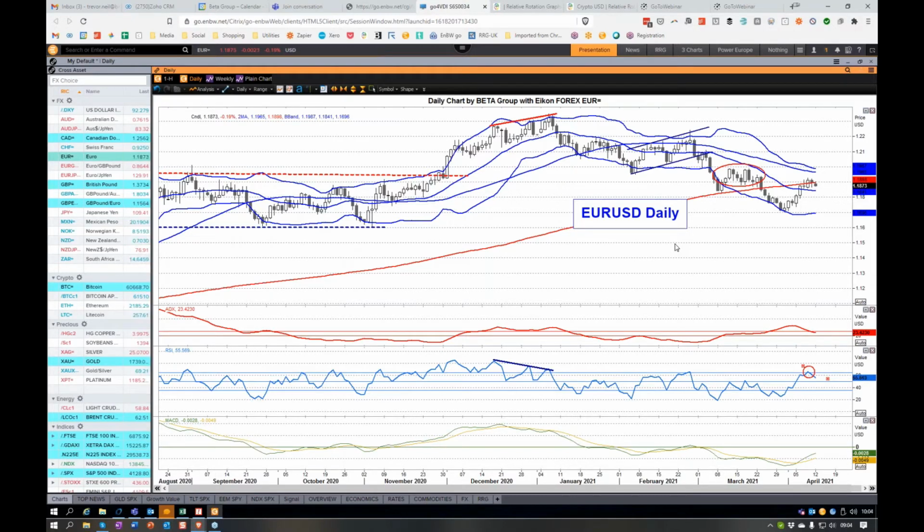The MACD is, however, bullish, but this is a good place for the euro to turn down again and to break and maybe go on to make a new low, breaking this low of the start of the month. Zigzagging down, zigzag, zigzag, could be starting right here at the beginning of Monday. So watch out for that.